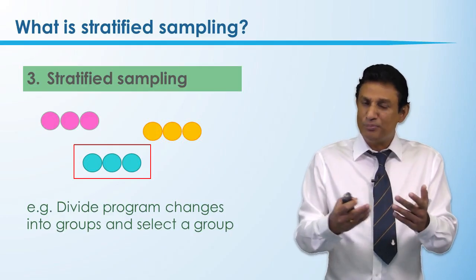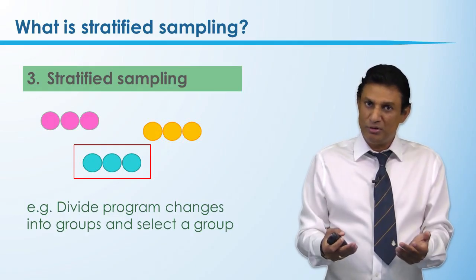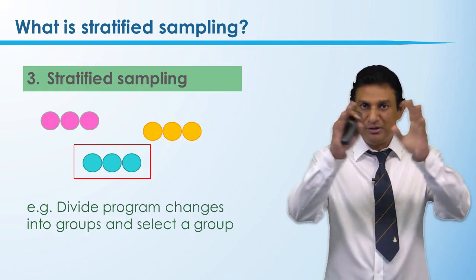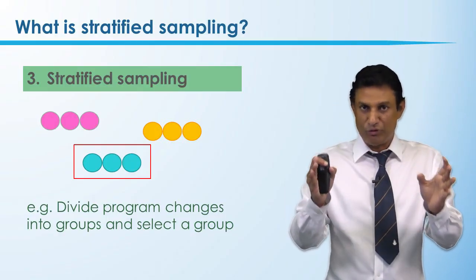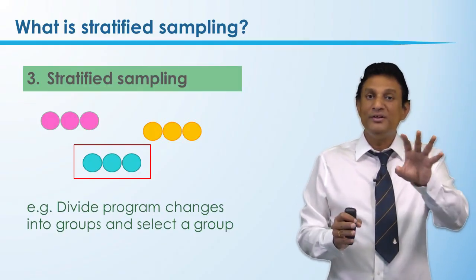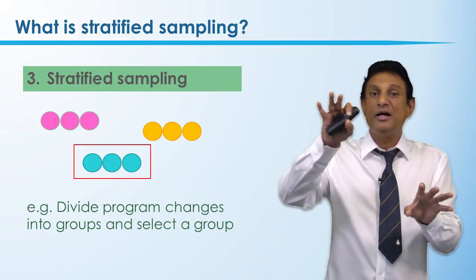It's not as popular as the first two, but stratified sampling, do you have any idea what it is? Stratified sampling means the first thing we do is take the entire population and divide it into different strata. Say, for example, if you are looking at the students in a university, one stratum is female, the other is male.